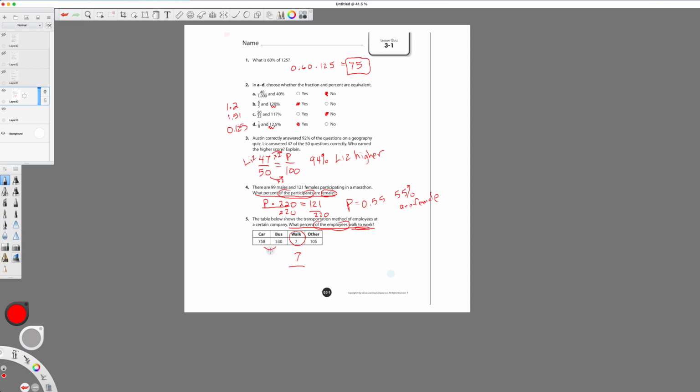So if you add all of these up, you get 1,400. I only know that off the top of my head because I graded a bunch of people as they were having me pre-grade them. And then that's some percent over 100. Cross multiply and divide, and you should get a percent of 0.5%, less than 1%. So let's move on to 3-2.